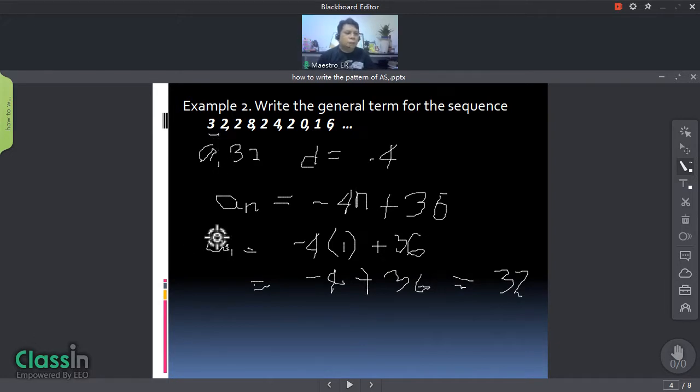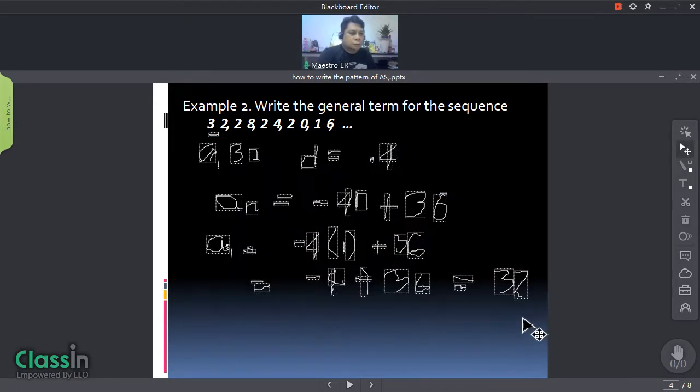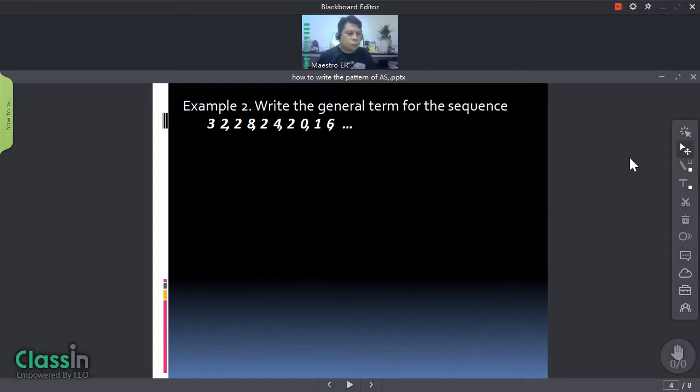Okay. So let us solve for a sub 2. Okay, erase natin to. So for a sub 2, okay, your a sub 2 now is equals to, muna, ano ba yung pattern? Nakalimutan. So yung pattern is a sub n is equal to negative 4n plus 36. Okay.